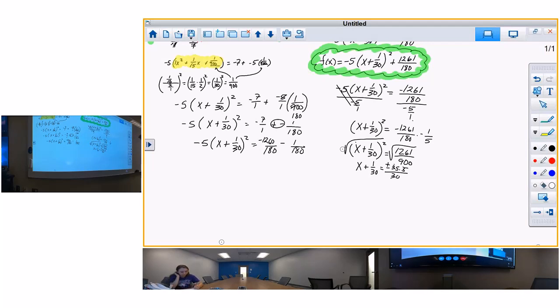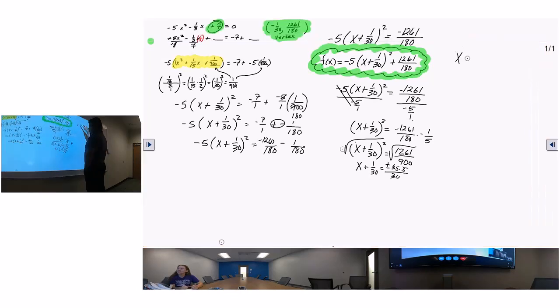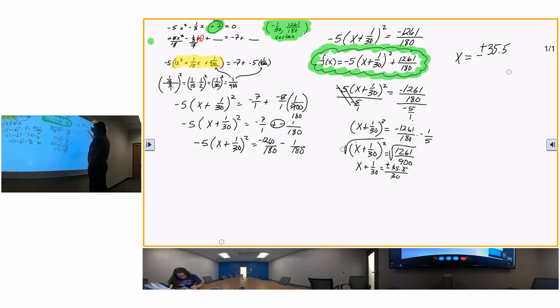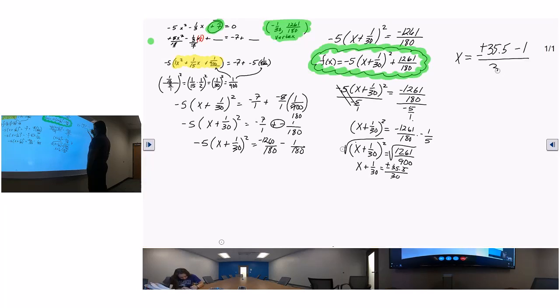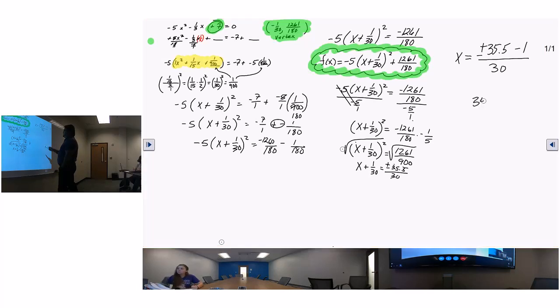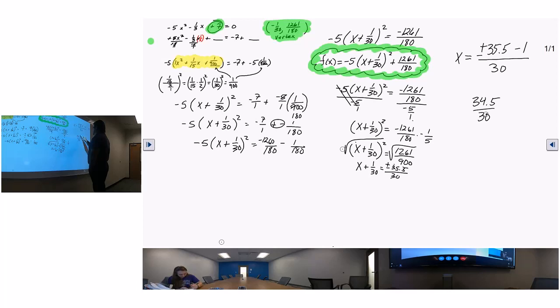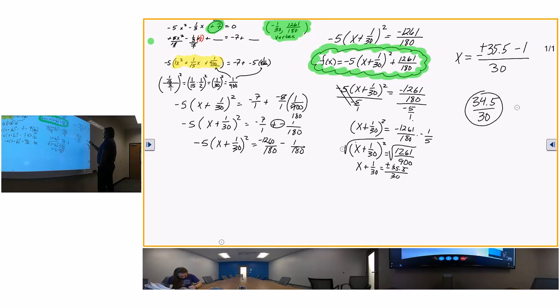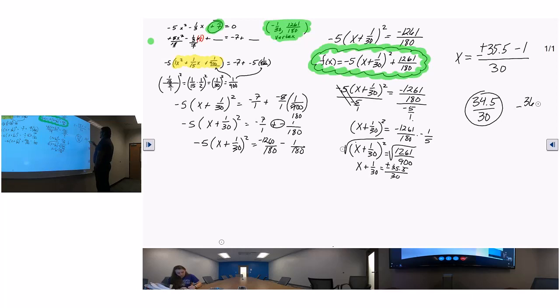All right, so x is equal to positive or negative 35.5 minus 1 over 30. Okay, now it's got a lot of math here. 35.5 minus 1 is 34.5. 34.5 over 30, that's one x-intercept. And negative 36.5 over 30 is your other x-intercept.